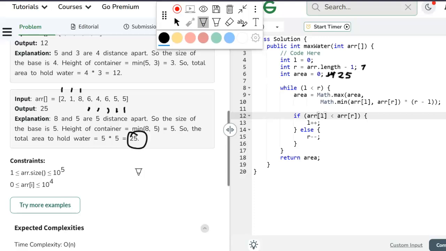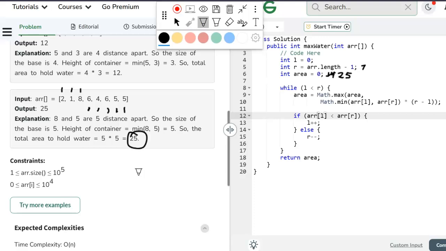So the algorithm is two pointers, start one on the left, start one on the right. Calculate the area, and at each iteration, move the pointer for the shorter of the two lines.